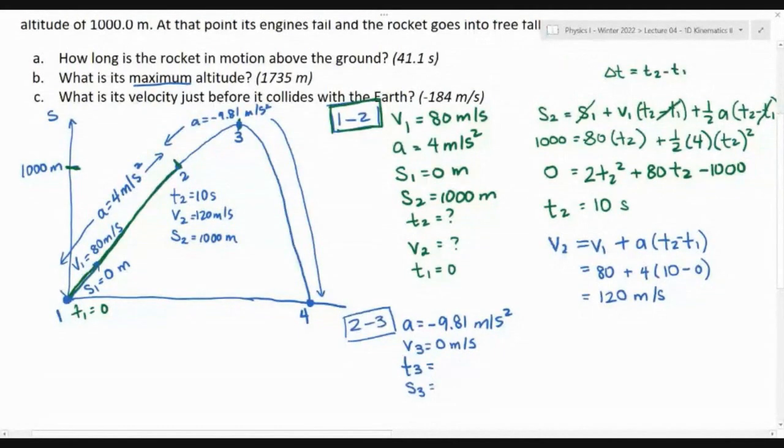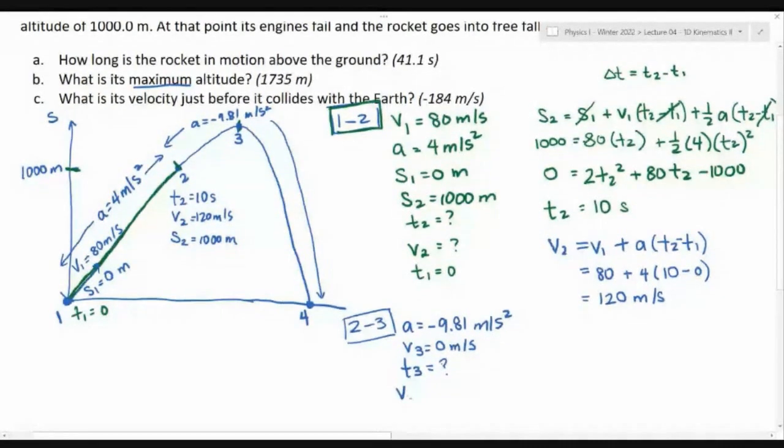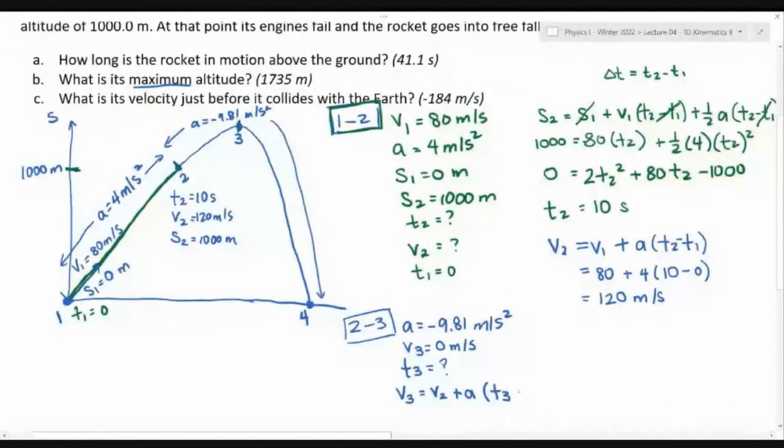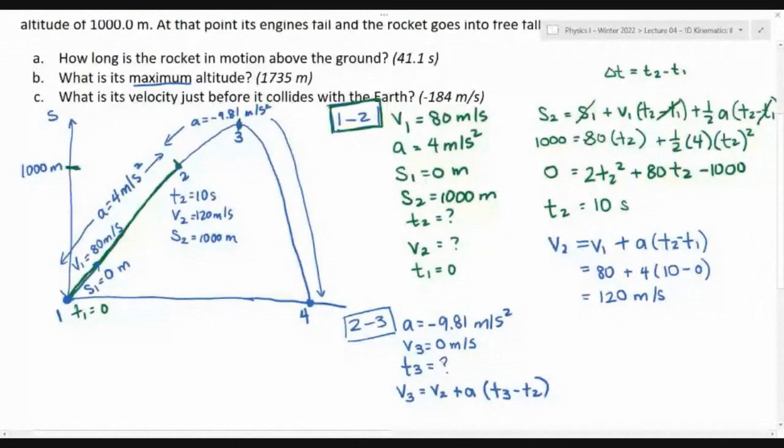So we'll start with T3. Let's think of a kinematic equation that we can use. We can use V3 is equal to V2 plus A times T3 minus T2. Okay, it looks pretty confusing.